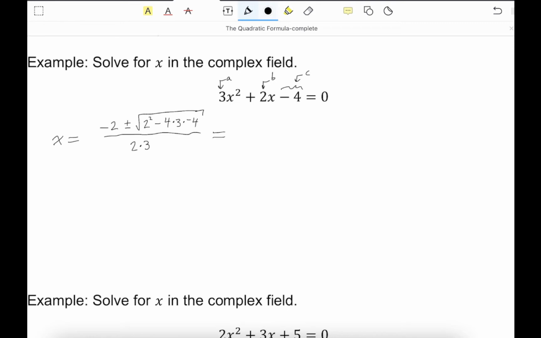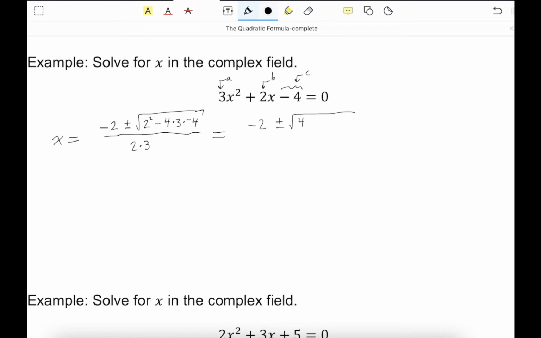Now we'll simplify this. I have negative 2 plus or minus the square root of 2 squared is 4. We have 4 times 3 times negative 4. So 4 times 3 times negative 4, that's negative 48.